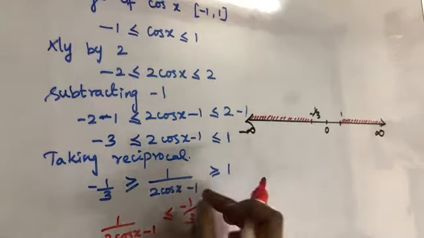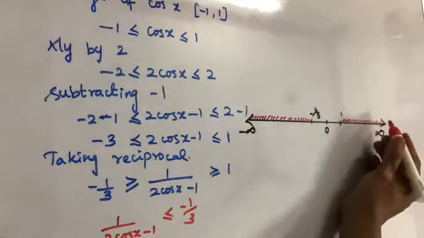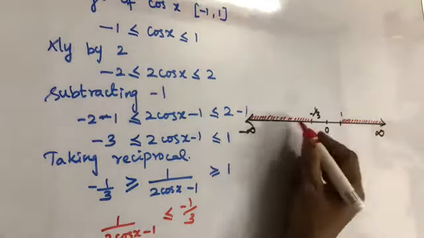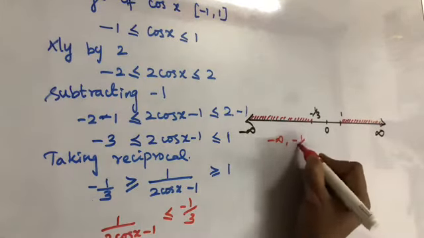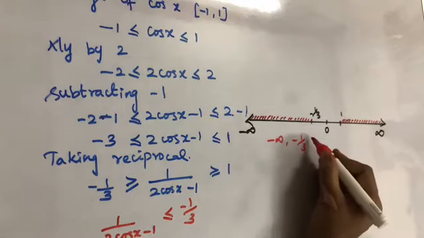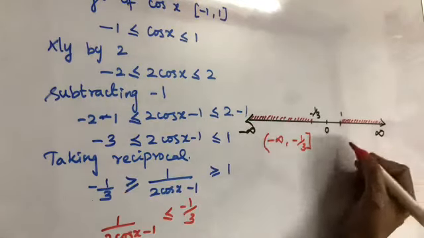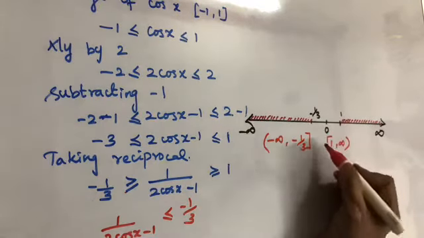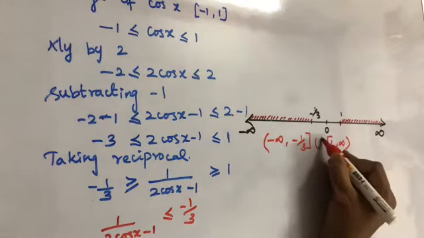Similarly here this function is greater than or equal to 1. So the greater numbers, the greater side I am marking. So while writing the interval, it is minus infinity to minus 1 by 3. Here it is closed, minus 1 by 3 is included. Here 1 to infinity. Now both the sets are included, so union.